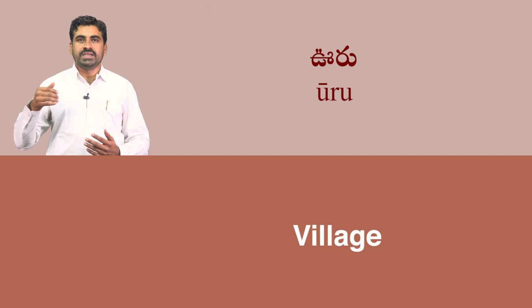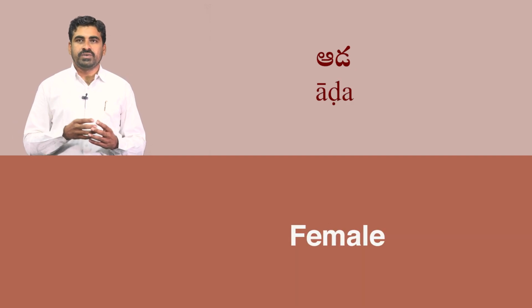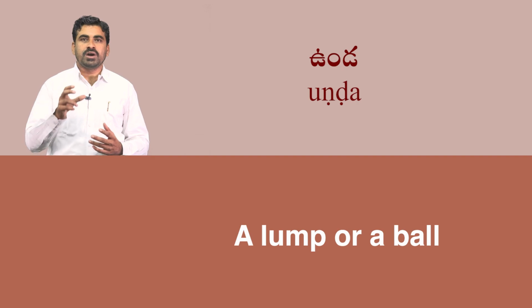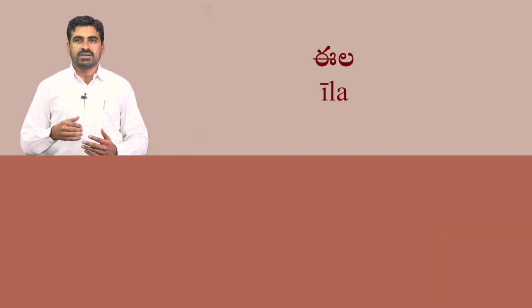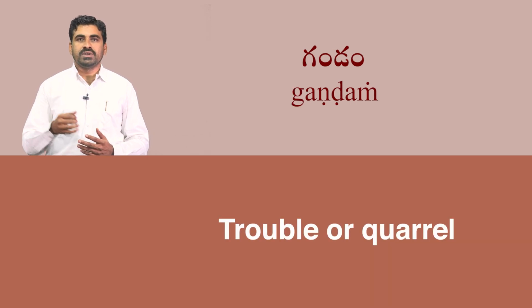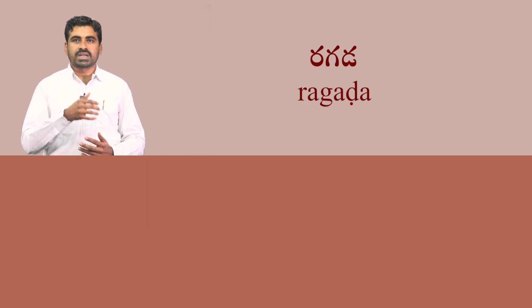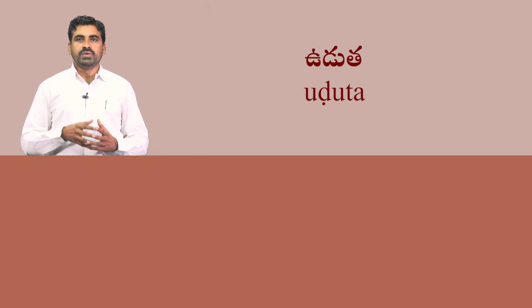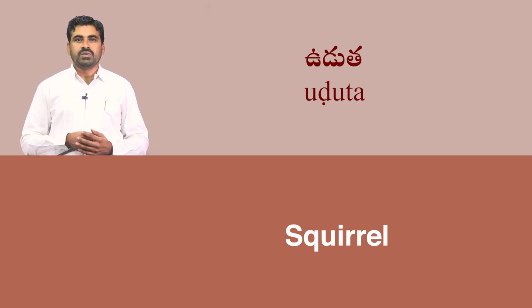Uru, village. Ada, female. Unda, a lump or a ball. Ega, fly. Ela, whistling. Gundam, trouble or quarrel. Ragada, scolding or fight. Uduta, squirrel.